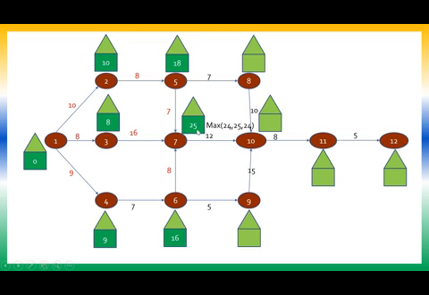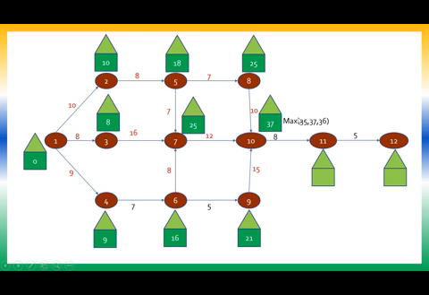Understood? Now here 18 plus 7, 25. Then here 16 plus 5, 21. Here once again three options. Out of these three values, the max has to be written here.